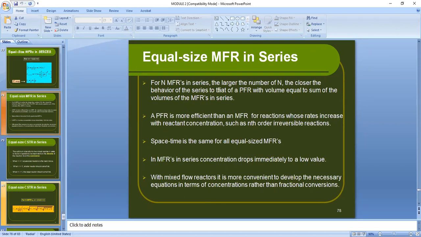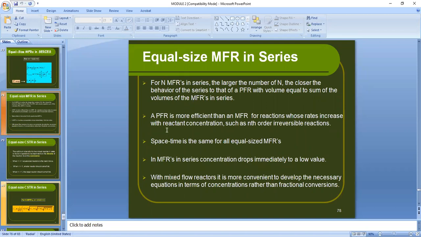So the more reactors you have in your CSTRs in series, the behavior or the degree of conversion of that system of MFRs will be comparable to the behavior or degree of conversion of just a single PFR with volume equal to the sum of the volumes of the n MFRs in your series.